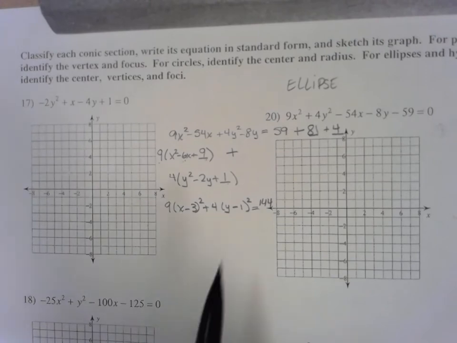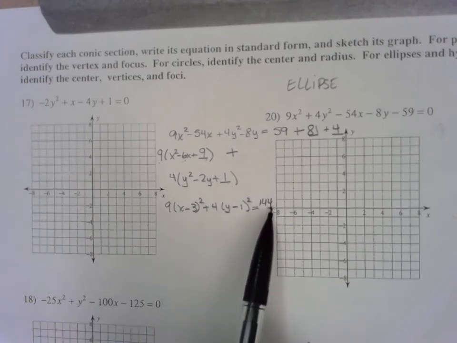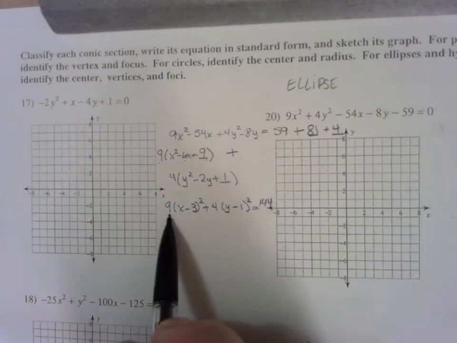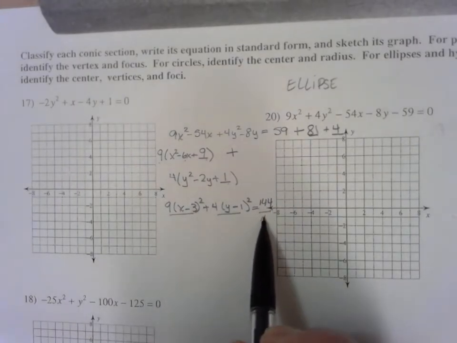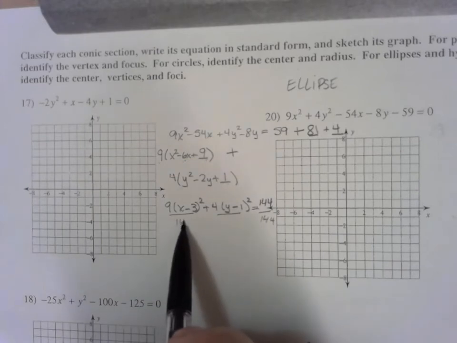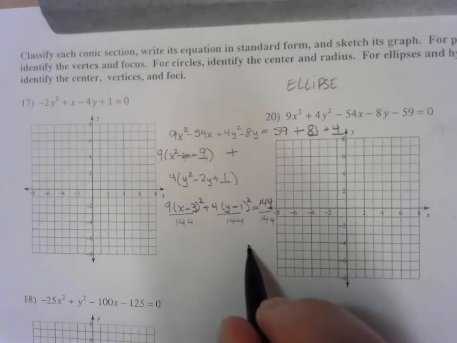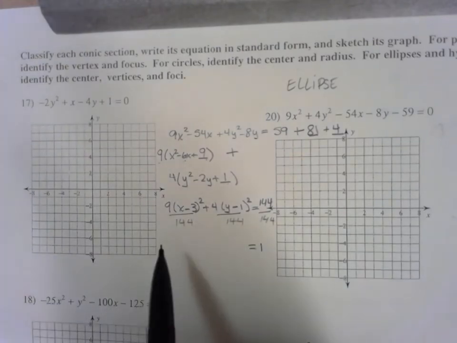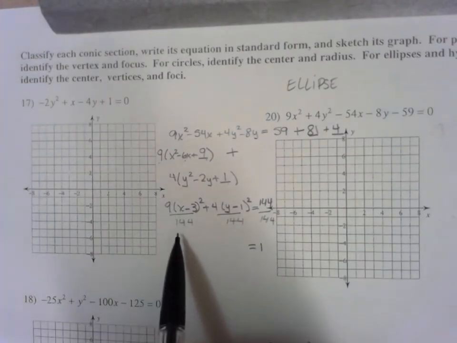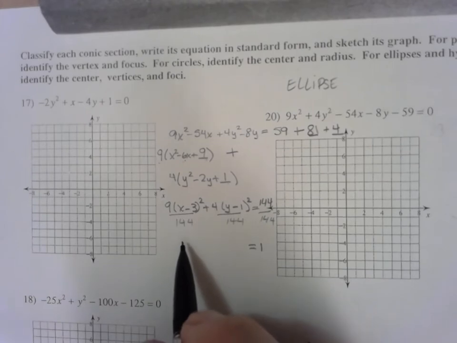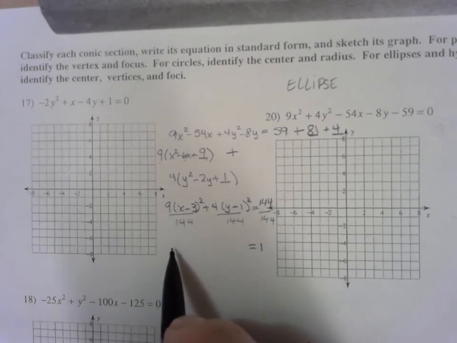Okay, last thing we're going to do. Ellipses always equal 1 on the right hand side. Let's divide everything by 144, so that the 1 is on the right hand side. So let's see, 9 goes in 16 times.